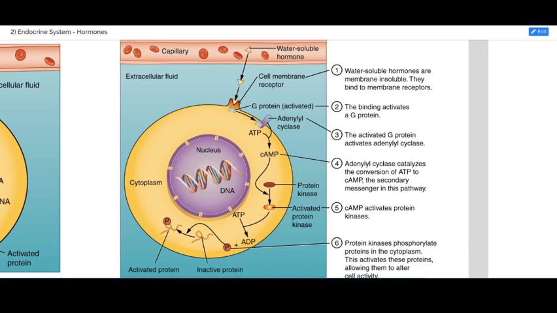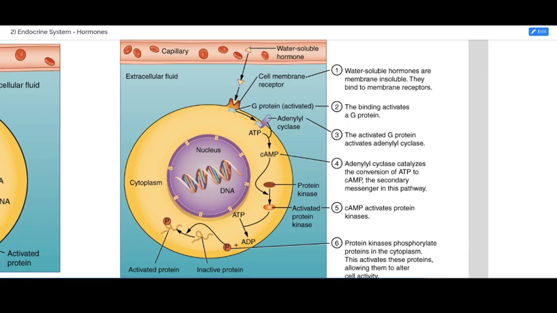It's called a second messenger because the hormone would be the first messenger, and that first messenger can't get inside the cell, so the second messenger is carrying out functions inside the cell. Other examples of second messengers can have other effects besides what's suggested here. It can also have an effect on the nucleus and gene transcription, that sort of thing.